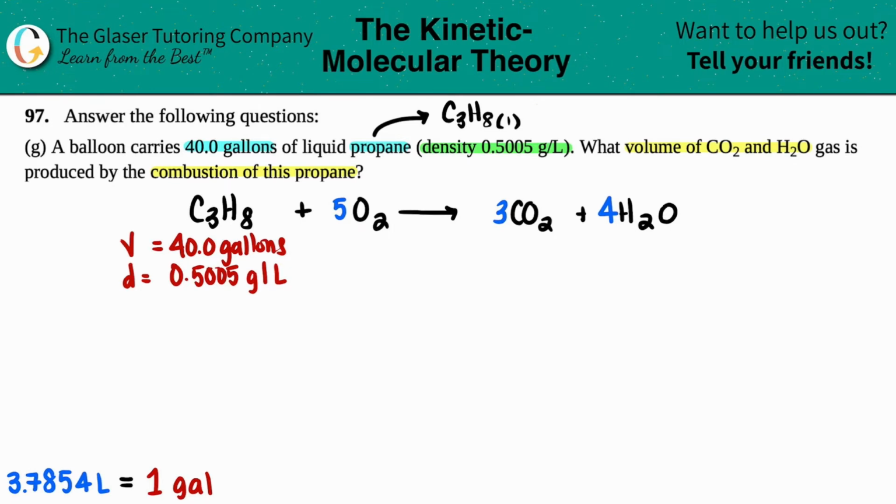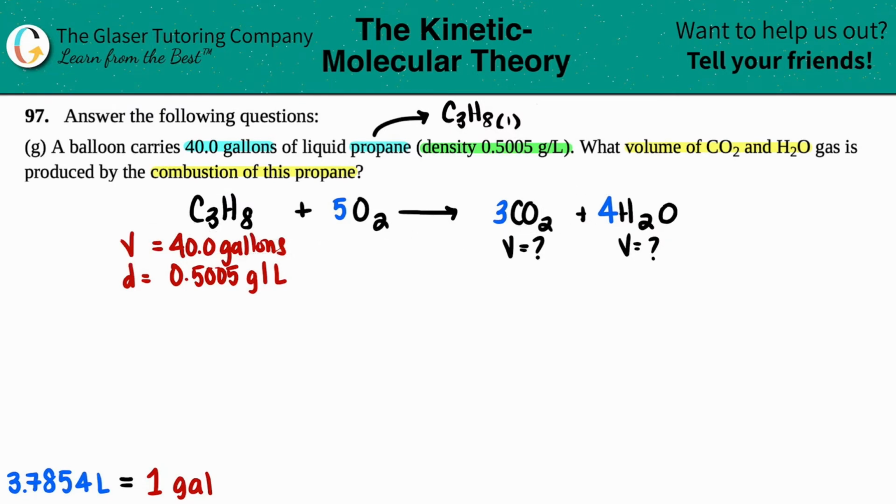But the thing is that we need to find the volume of CO2 and H2O. So CO2, H2O, we're searching for the volumes. So I'm just going to put V, question mark, and volume, question mark, just to give me an idea. Now, since I'm starting with volume, I can go to volume using my balanced equation.